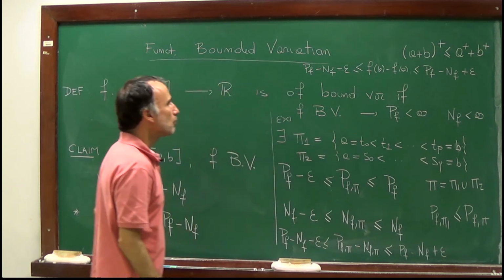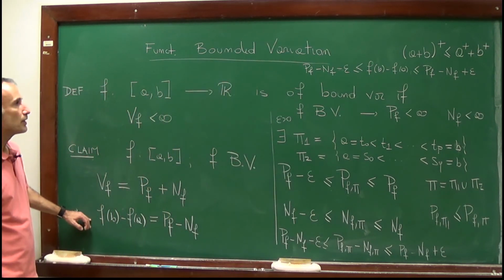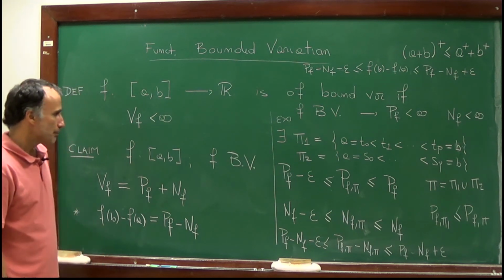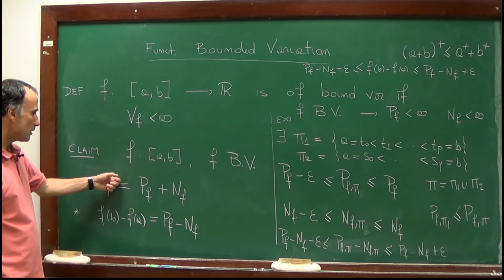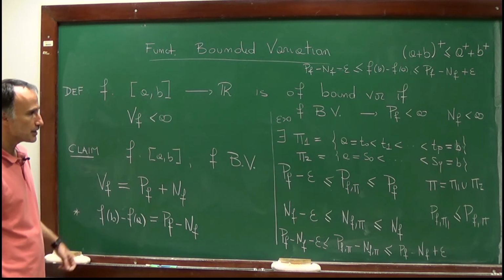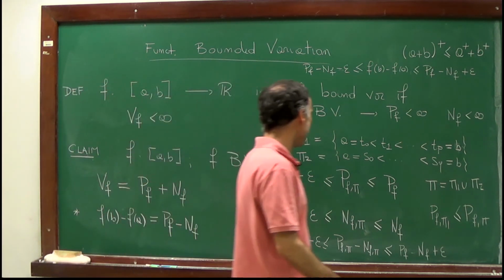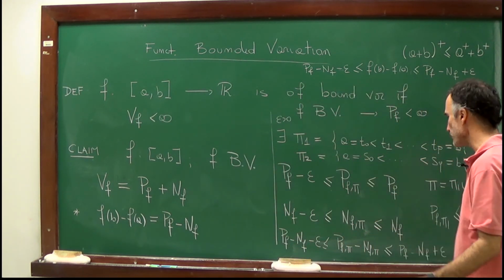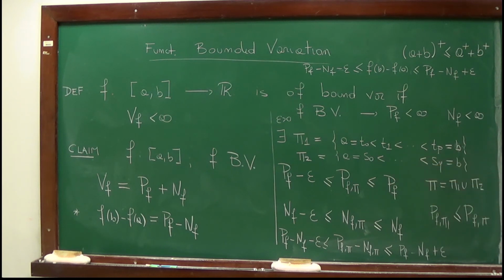And since this holds for any epsilon, we have proved this identity, right? And as I said, you have the second identity. The first identity is proved exactly in the same way; instead of subtracting, you sum and you get the first identity.